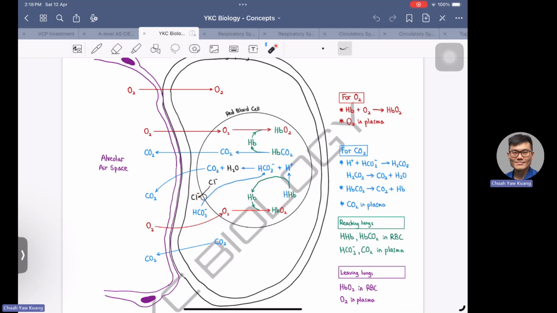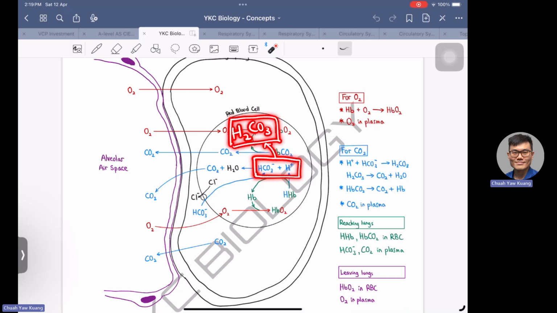After that, when there are bicarbonate ion and hydrogen ion, these two ions will combine and form the carbonic acid molecule. Again, this process is catalyzed by the same enzyme, which is the carbonic anhydrase.